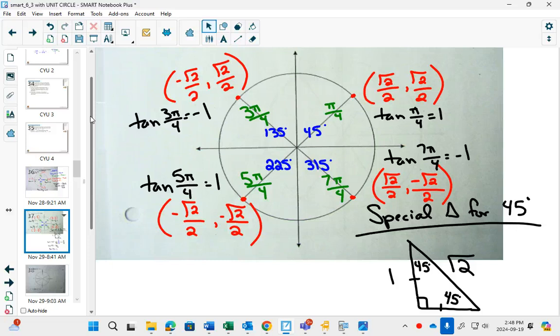I could say, what is sine of 101 pi over 4? All the way around once is 8. Twice would be 16. 3 times, 24, 32, 40, and so on. Eventually you get here, 25.